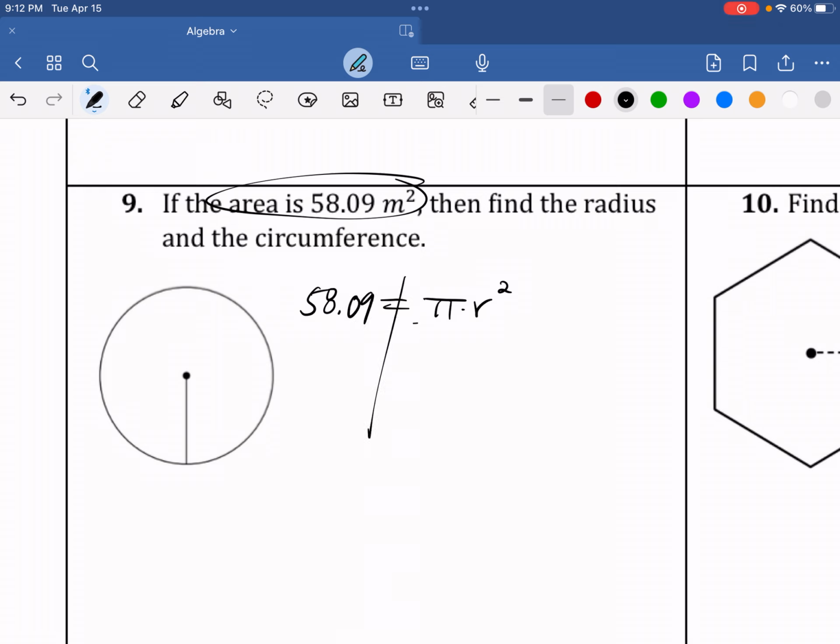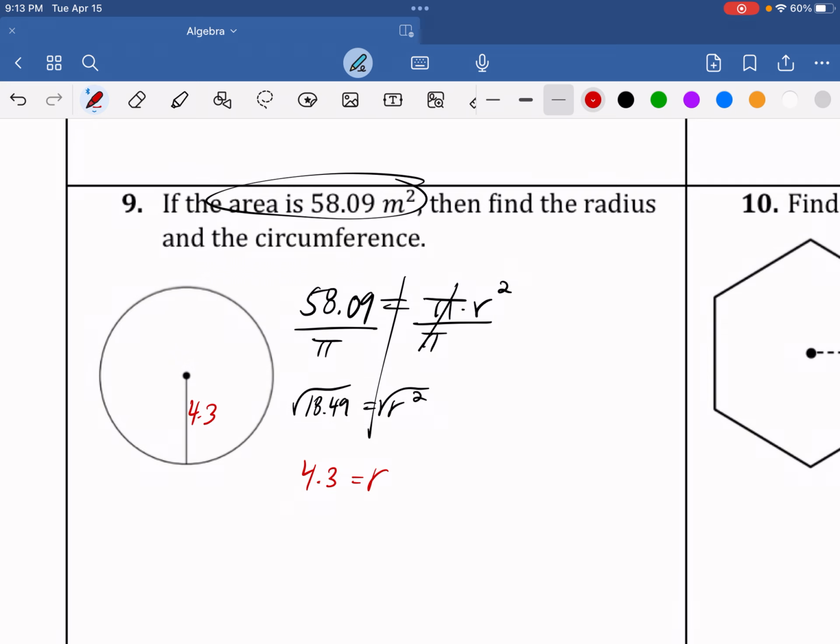It's multiplying by pi, so you got to divide by pi. 58.09 divided by pi is 18.49. Last step, take the square root so we can get rid of that squared. So square root of 18.49, and we get r is 4.3.